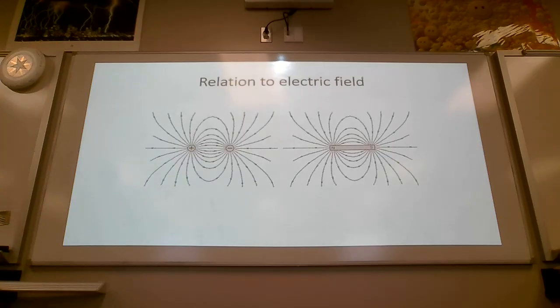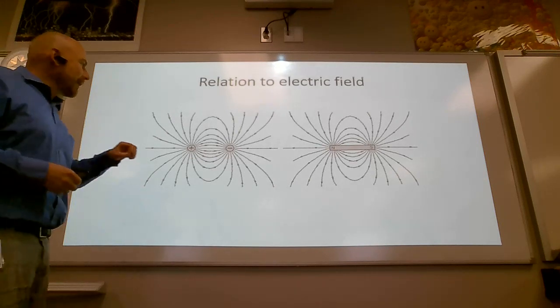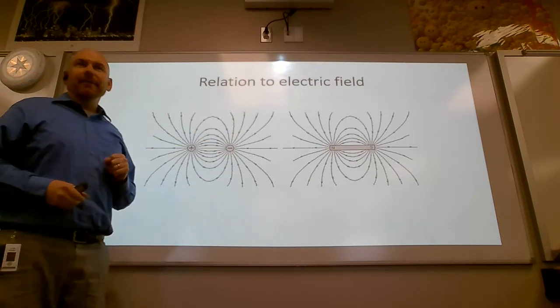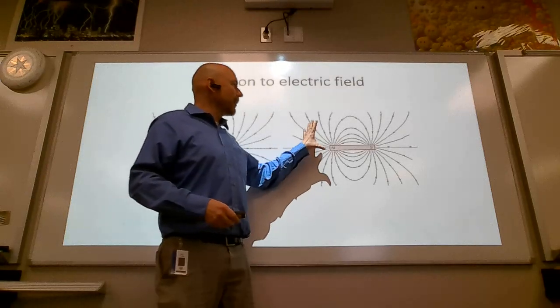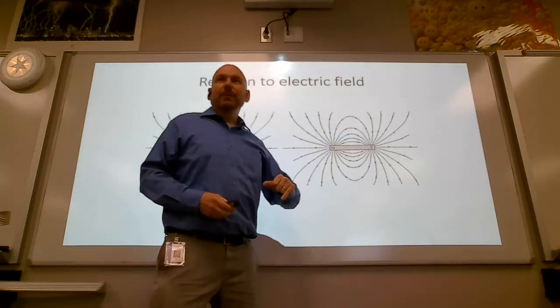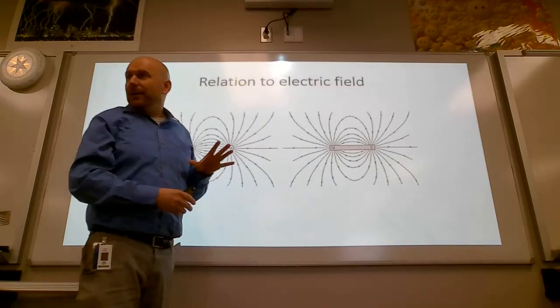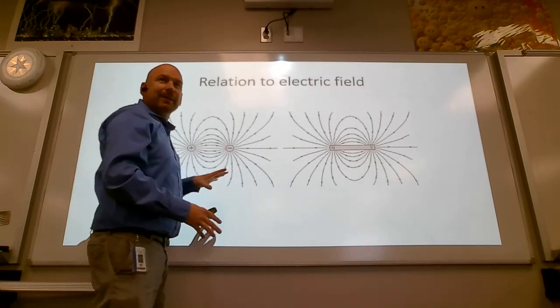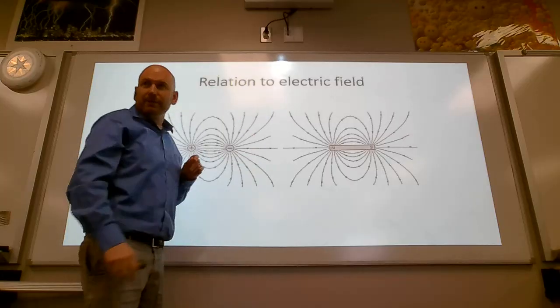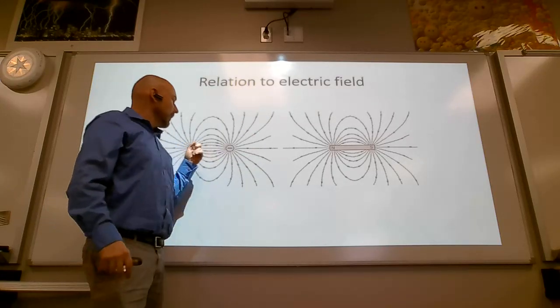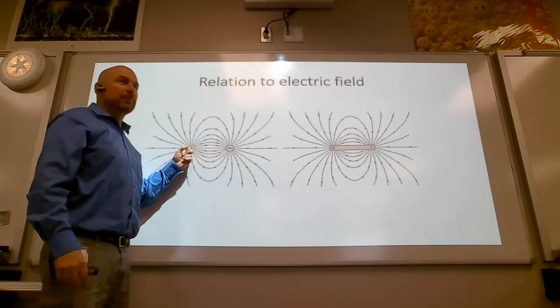So real quick, electric field versus magnetic fields. Electric field goes out of positive into negative. Magnetic fields go out of north into south. Okay, they're different. So they're similar patterns, but they're different critters. Here you can have a single positive charge.